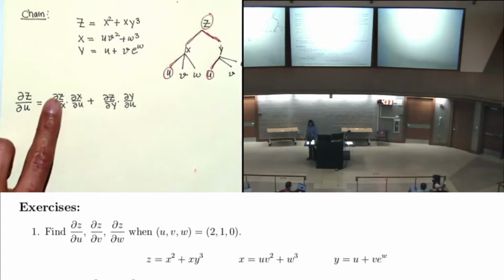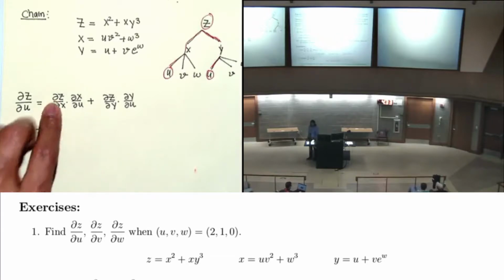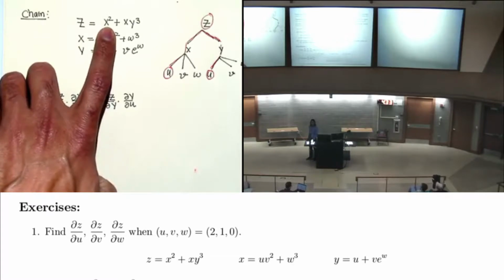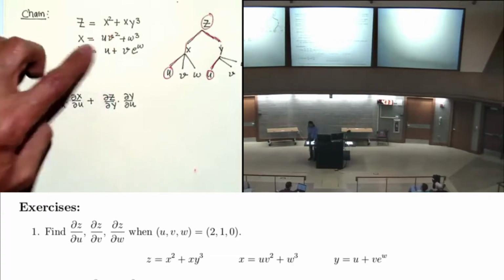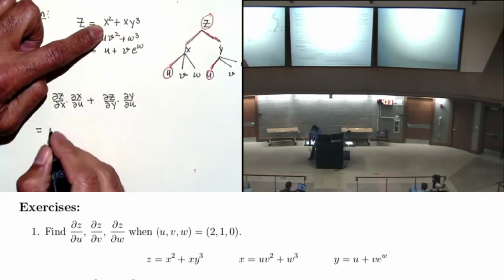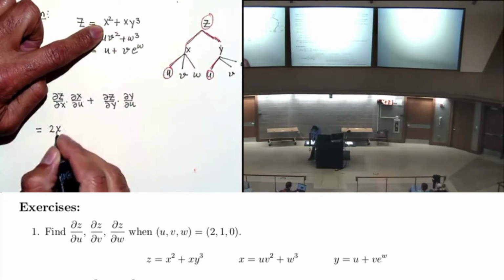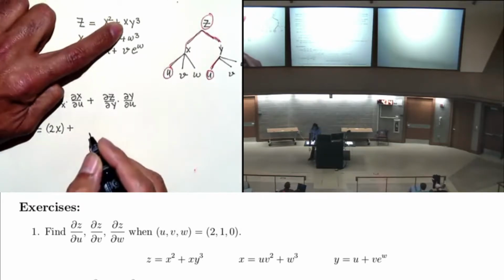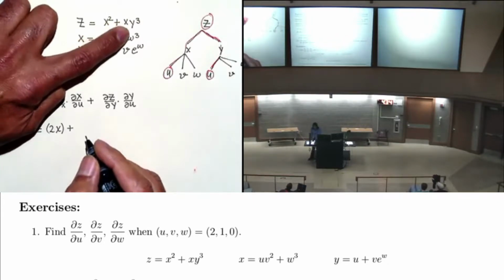Now, the derivative of z with respect to x. I'm going to take y as a constant and differentiate this equation with respect to x. So if x is the variable, the derivative of x squared is going to be 2x, plus the derivative of x y cubed. Y cubed is a constant, so it will stay outside of the derivative.